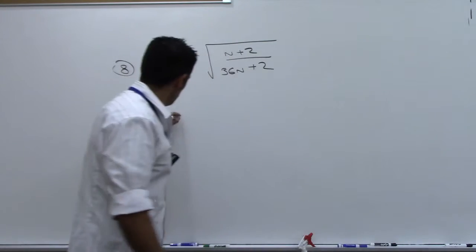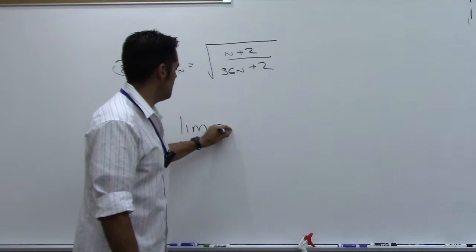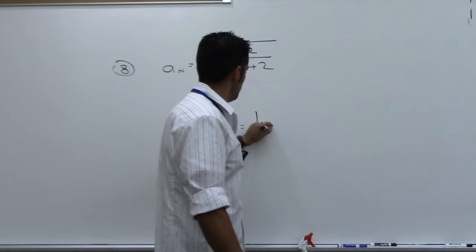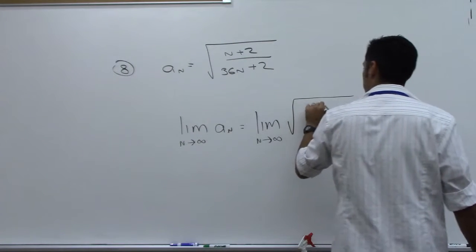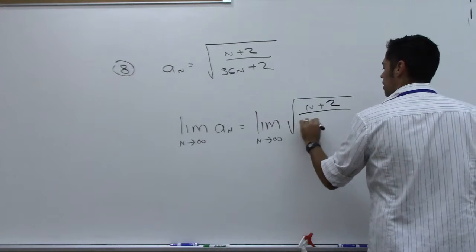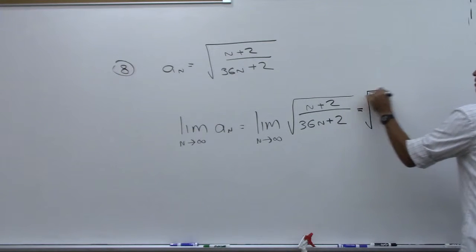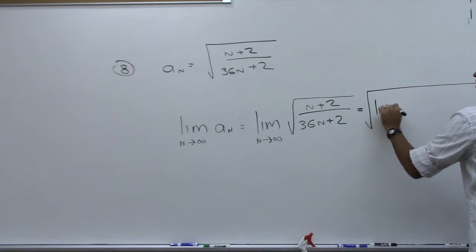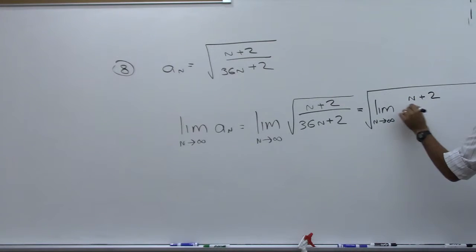So we want to know the limit as n goes to infinity of a sub n, which is the limit as n goes to infinity of the square root of (n plus 2 over 36n plus 2). Now, this is equal to this. So using the limit laws, you are allowed to move that limit inside the root. And that's all I want to show you.